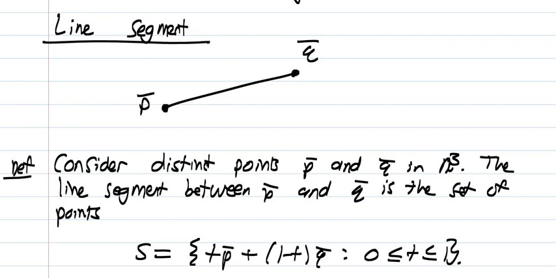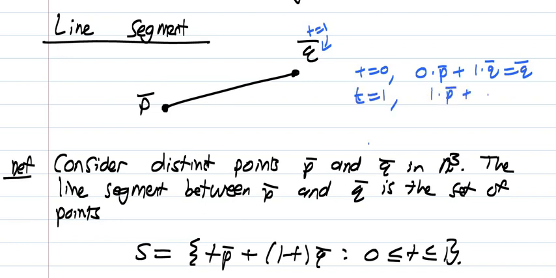All right. So you can see, for example, if t is 0, we get 0 times P plus 1 times Q, which is Q. So t equals 0 gives us vector Q. If t is equal to 1, then we get 1 times P plus 0 times Q, which is vector P. So when we use parameter t equal to 1, we get vector P. And if we use, let's say, t equal to a half, we get the point in between, the midpoint of this line segment.